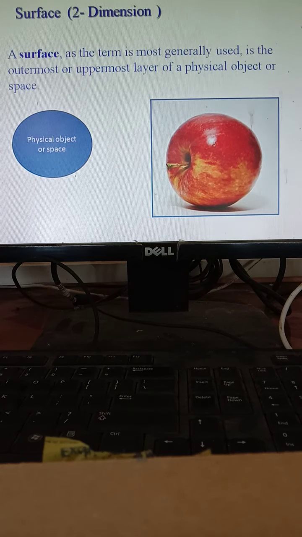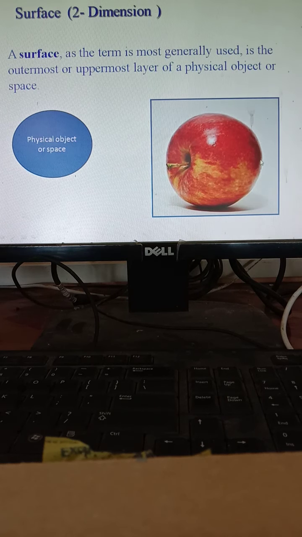Surface is two-dimensional. A surface, as the term is most generally used, is the uppermost or upper layer of any physical object or space. So why is a surface two-dimensional?